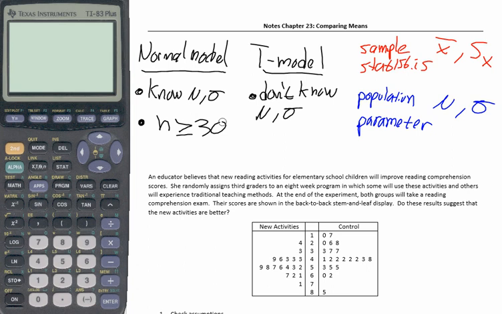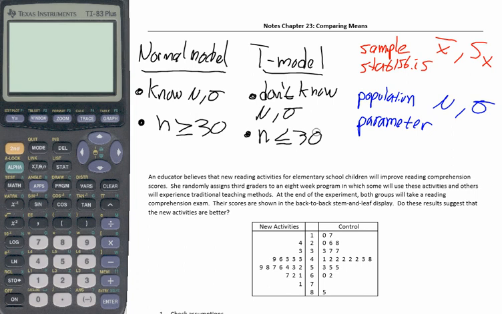Well, what does that mean for the T model? If we have a small sample, we want to use a T model because there's more variation when you have a smaller sample size. Now, one thing to note here is if your sample size is greater than 30, say a sample of 50, that does not necessarily mean you're going to use the normal model.